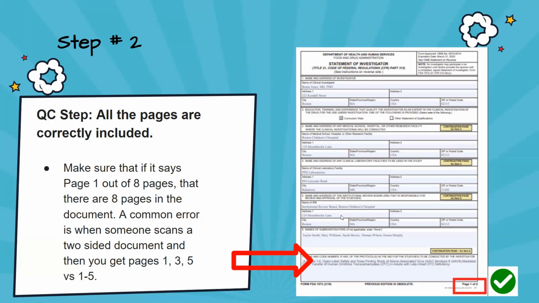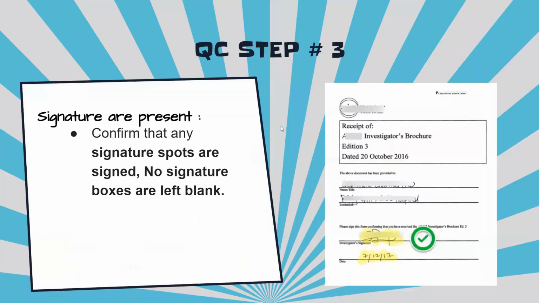If you're running a study in the US, every single site has to have this, and it needs to be updated and maintained. Here it says page 1 of 2, so you need to make sure that it has both pages. If you see page 1 and no page 2, that's an issue, and you want to note that. Or, as it says here, pages sometimes scan incorrectly, and maybe it's double-sided and they didn't know, so you have all the odd pages, something like that. So you're trying to make sure that all pages are included.